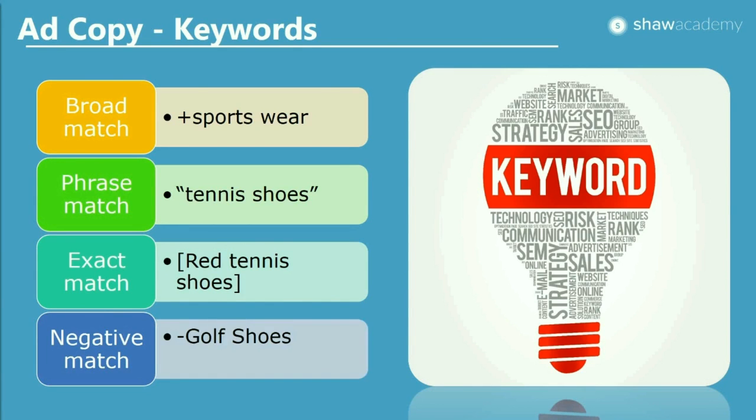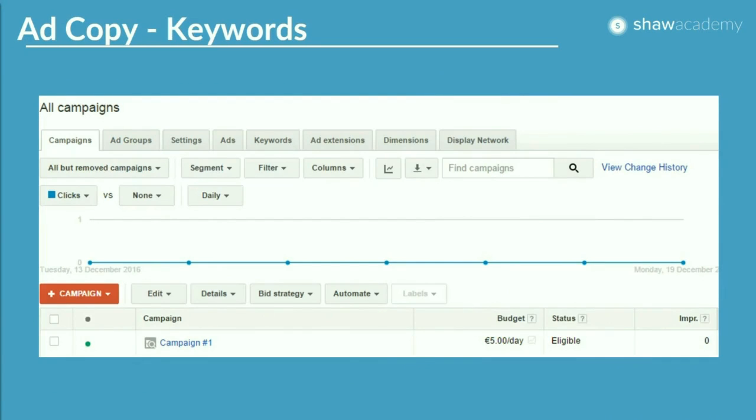And if we don't sell golf shoes, we're going to want to use that as a negative keyword. If people have typed in golf shoes, I don't want to show up in their results, because I'd have to pay for more views or clicks when it's not relevant to them at all. They're not my target market.